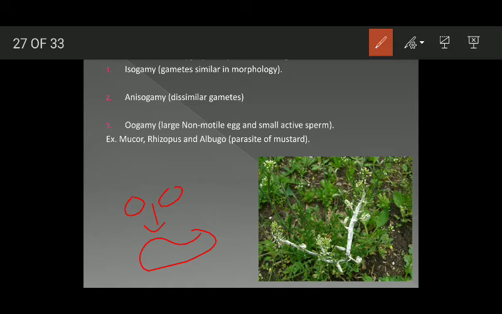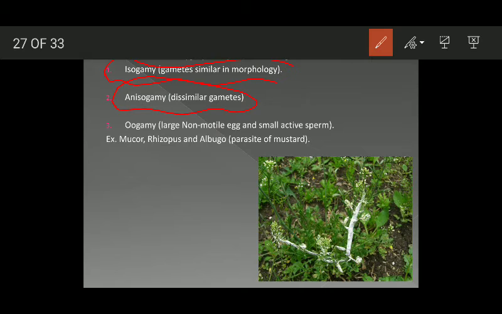The first one is isogamy. In isogamy, the fusing gametes are similar in their morphology, similar in size, and similar in behavior. Then we have anisogamy. In anisogamy, the gametes are dissimilar. They may be dissimilar in terms of their size, and they may be dissimilar in terms of their behavior.